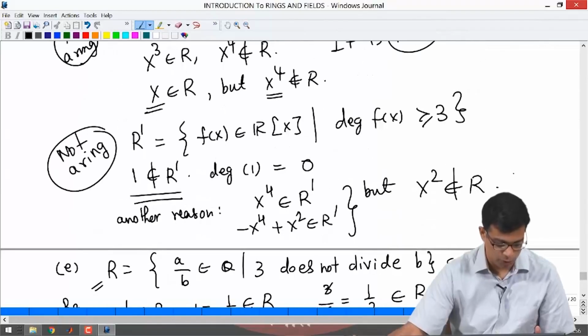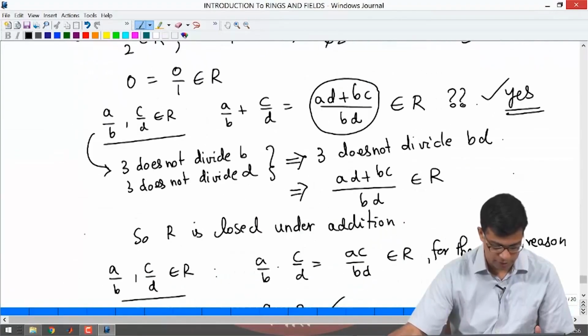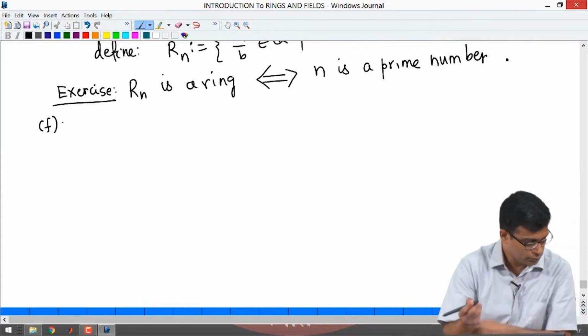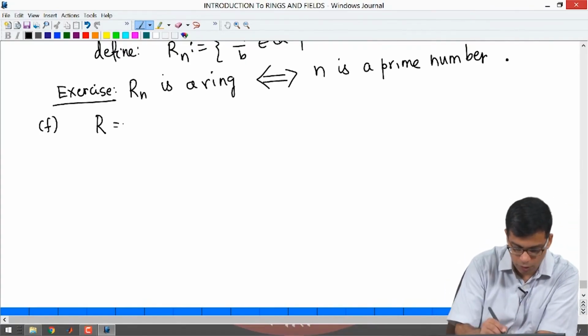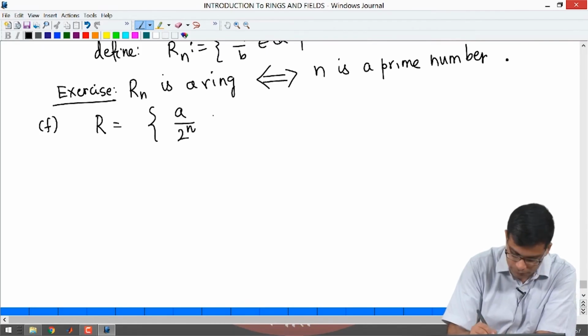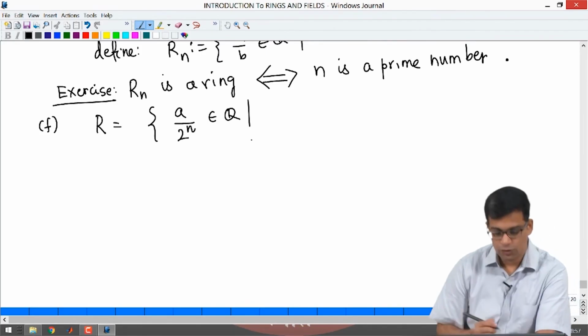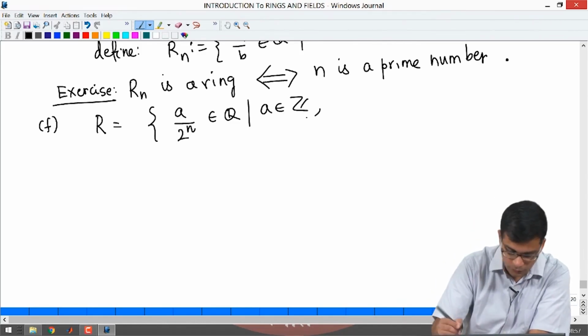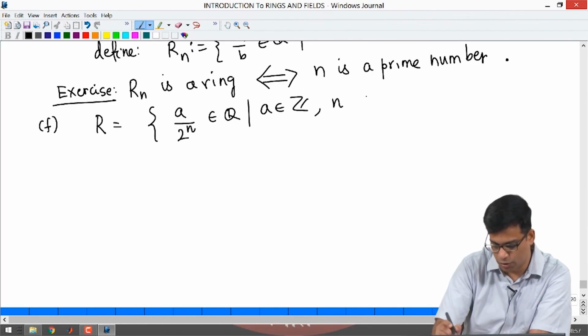Okay. So, let us do one more final thing about whether something is a ring or not. So, this is F. Let us look at R now to be rational numbers of this form. So, I am taking rational numbers. A is any integer and n is a natural number.